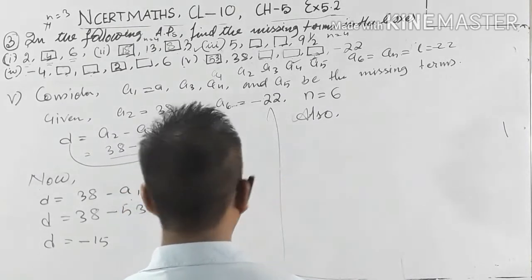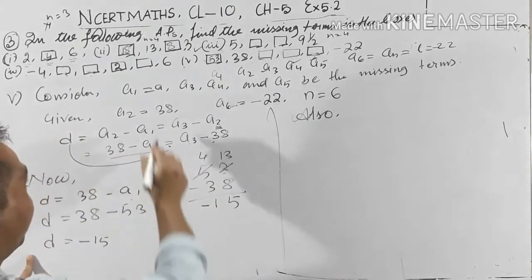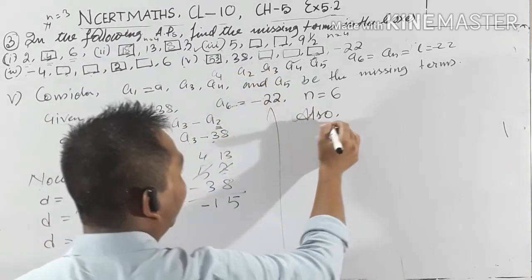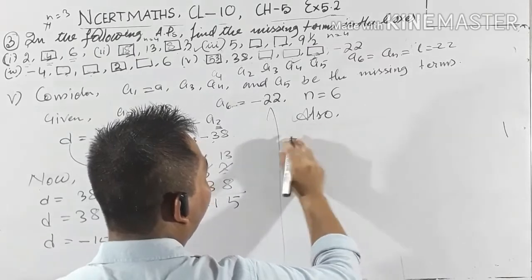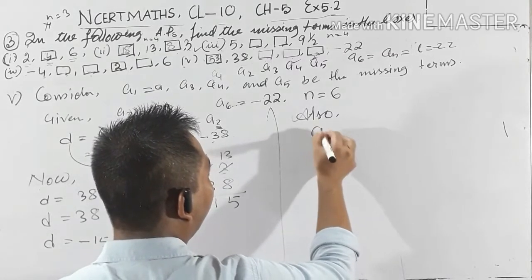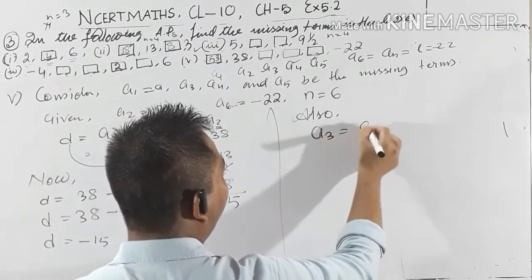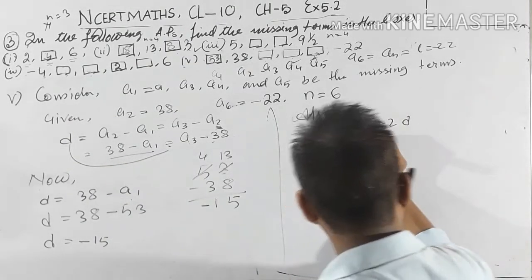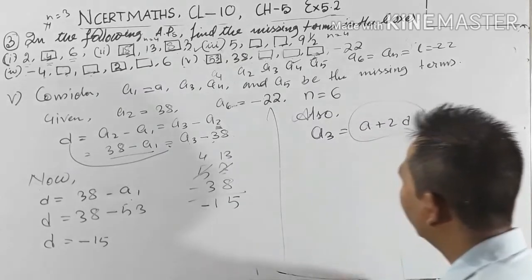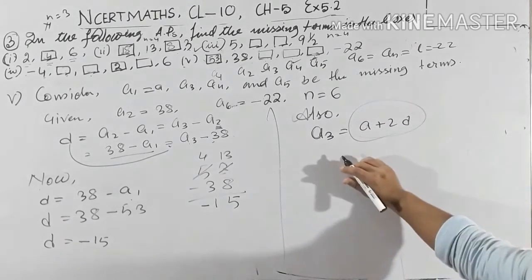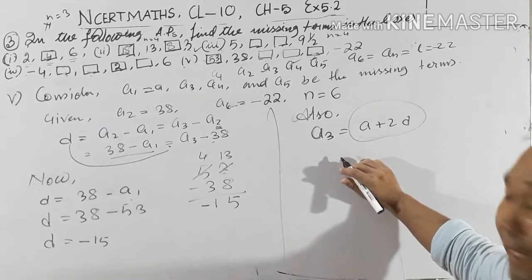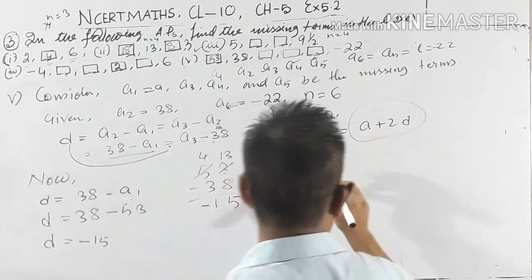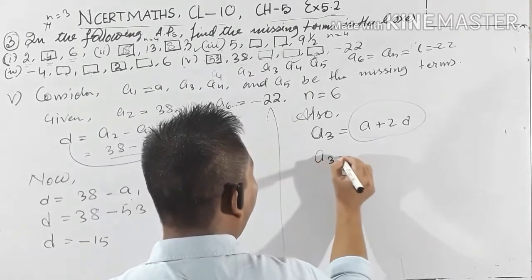Since we have got the first term and the second term is given, to get that, also a3, that is a plus 2d, right? Why? Because this is the general term of an AP. a3 is given by a plus 2d.